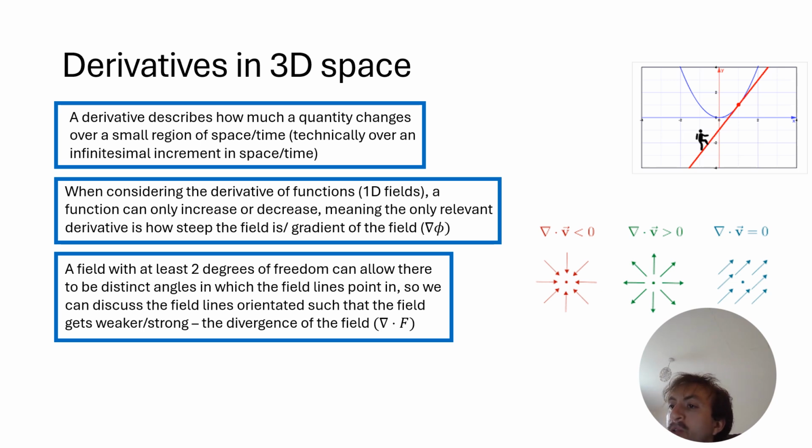For divergence, we use the upside down triangle symbol, but we also use a dot between this symbol and the field we're finding the divergence of. So if there's no dot, we're finding the gradient of a field. If there is a dot, we're finding the divergence of a field.